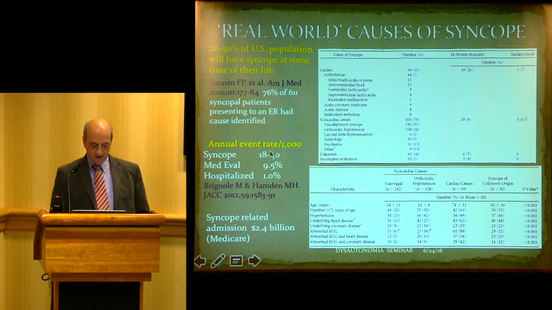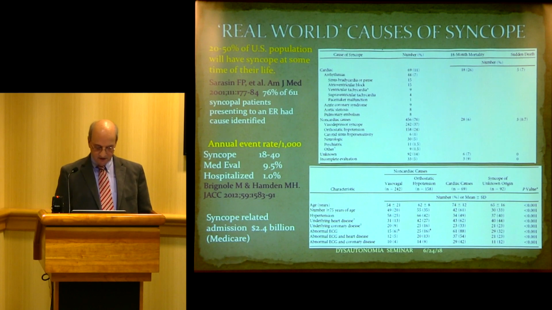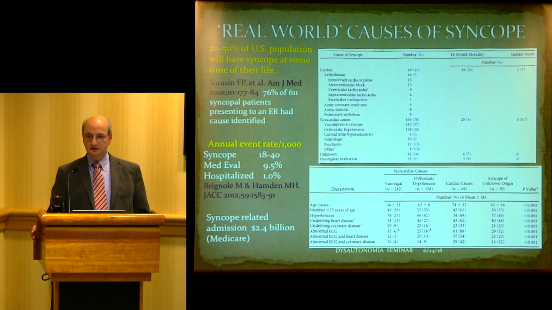So the usual rate of occurrence is 18 to 40 per thousand population. Of these, 10% have a medical evaluation. The other 90% just go home and sleep it off. And only 1% of that total are ever hospitalized outside of just the emergency room. And syncope costs almost $2.5 billion a year for its management.